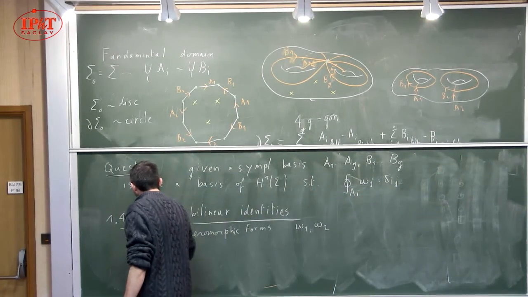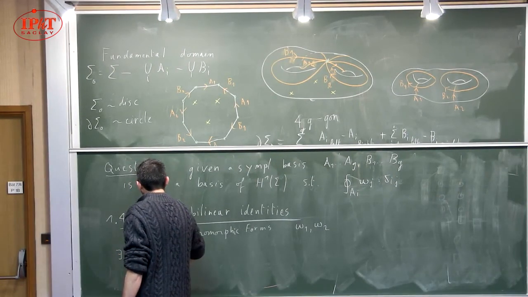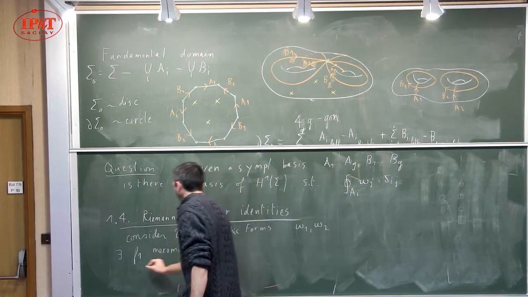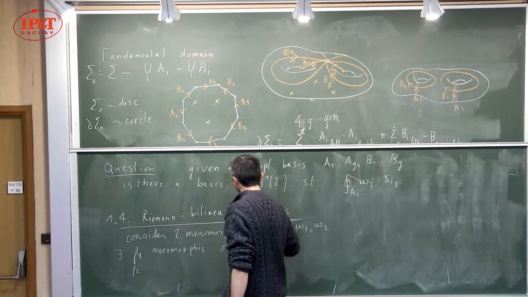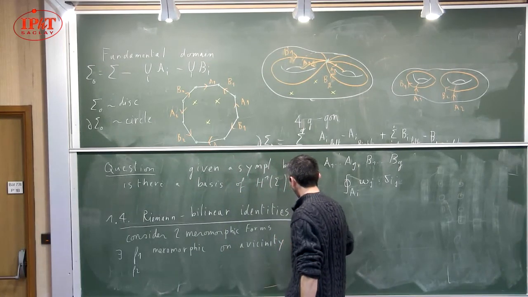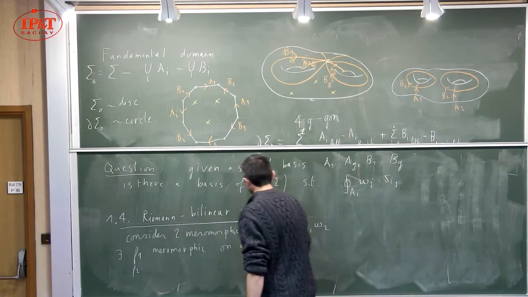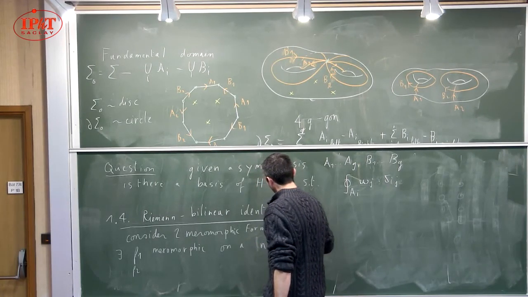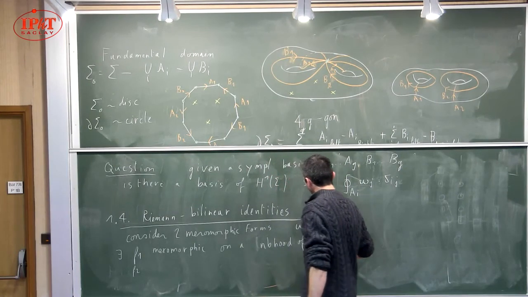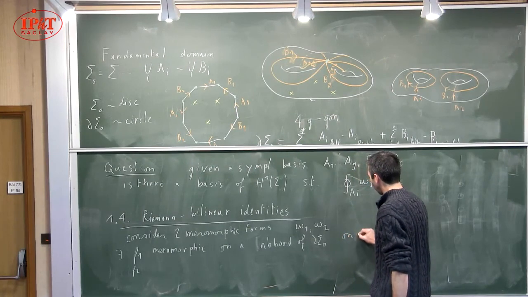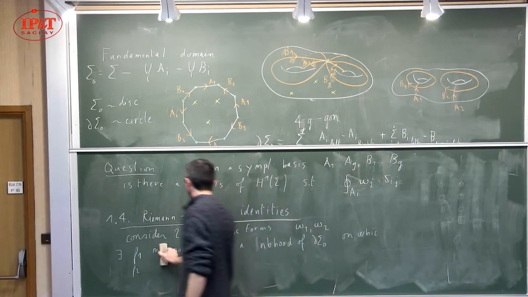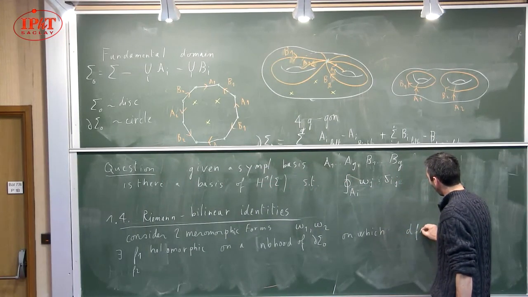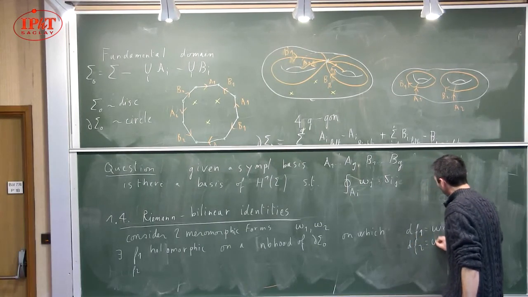But it's possible to define f1 and f2 on a neighborhood, a tubular one, on which they are holomorphic, so no poles, and on which df1 equals omega 1 and df2 equals omega 2.